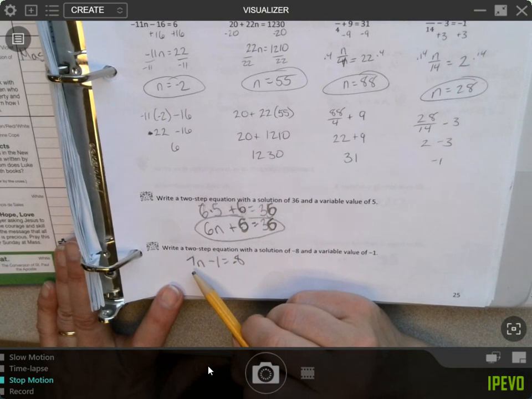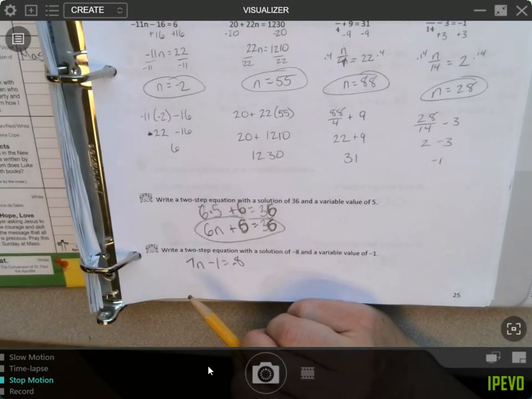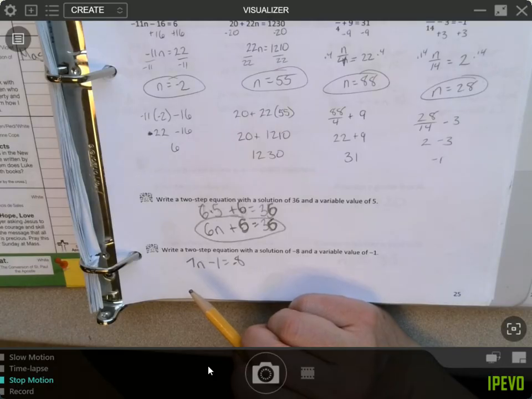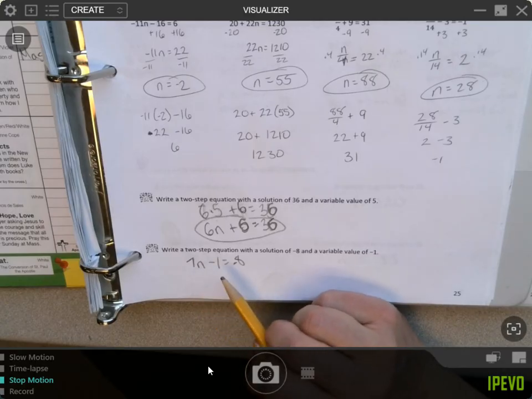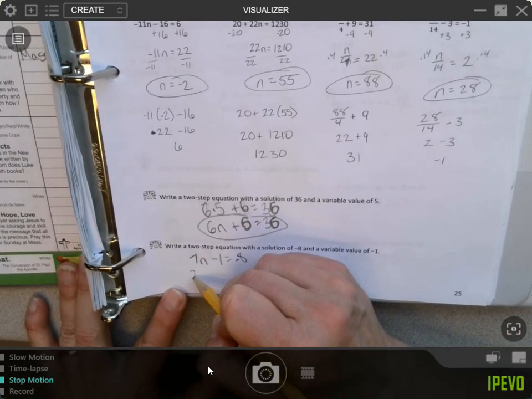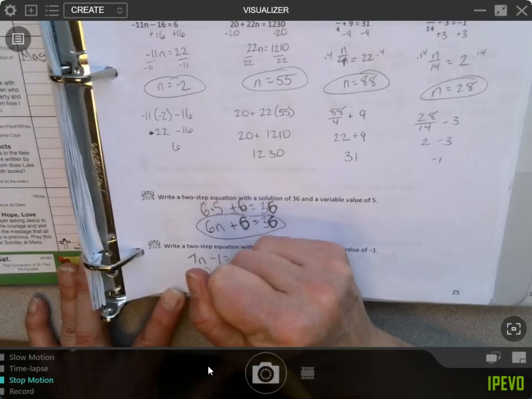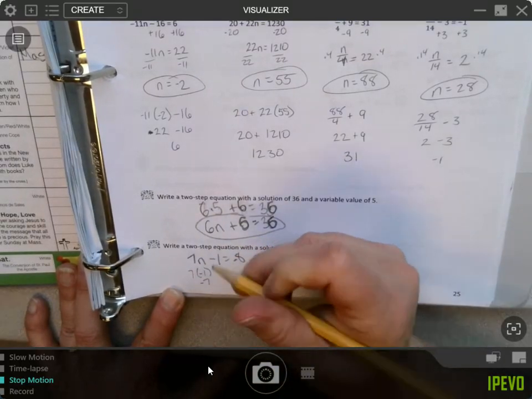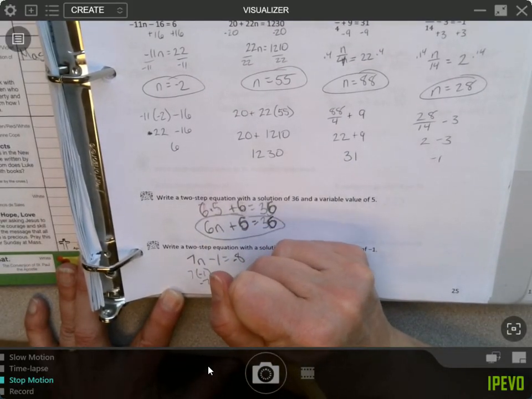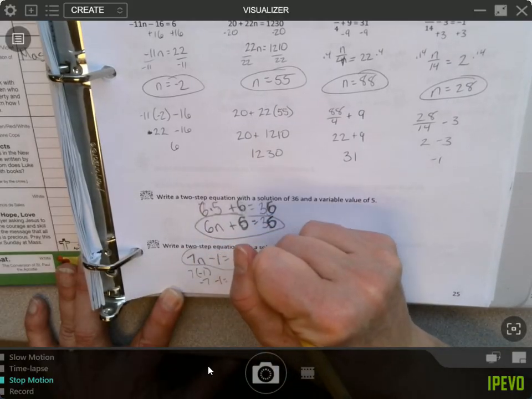Okay, so when you read it out loud to me, you said 7 times -1. Remember, our final answer has to have that variable in it. So your final answer would be 7n minus 1. So 7 times -1 is -7. Minus 1 equals -8. That works.